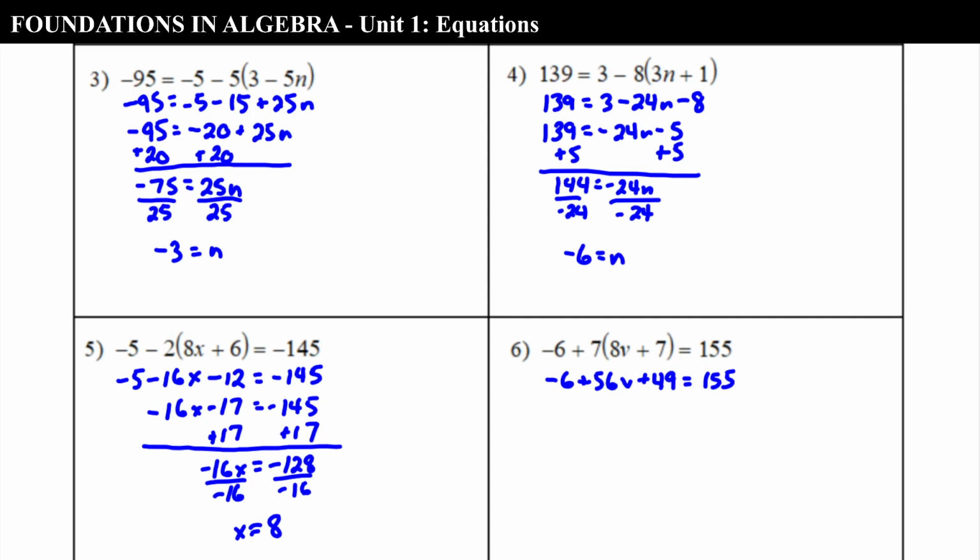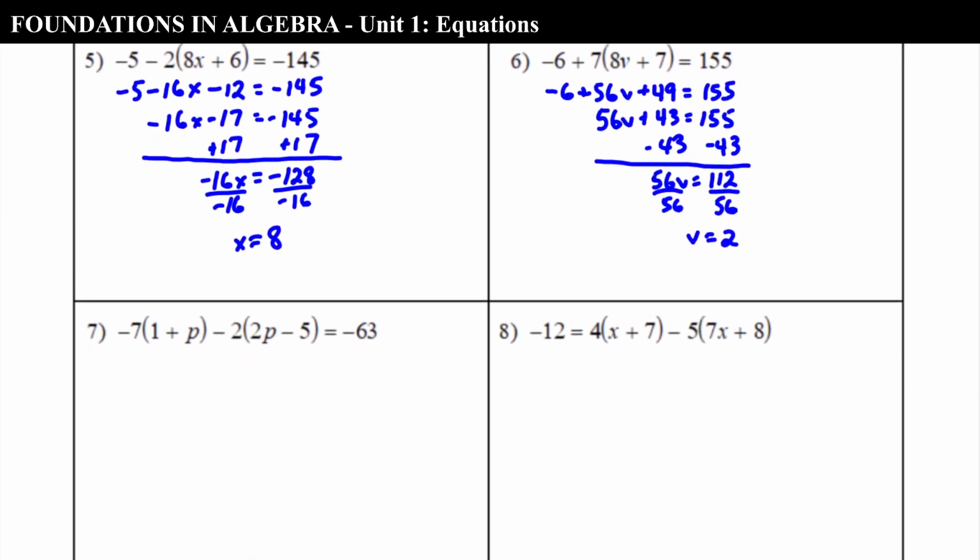Oops, can't forget the V. 56V plus 43. Now we're going to subtract 43 from each side. 56V equals 112. Divide each side by 56. And we get V equals 2.